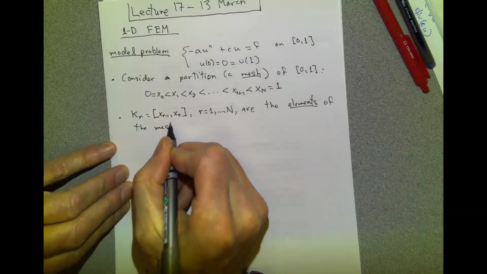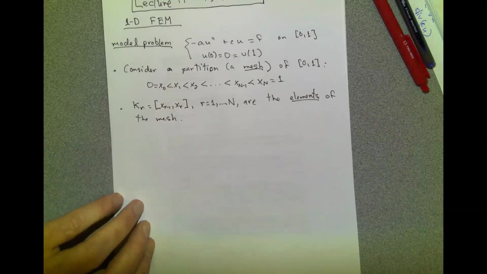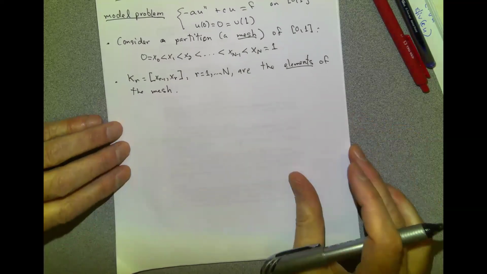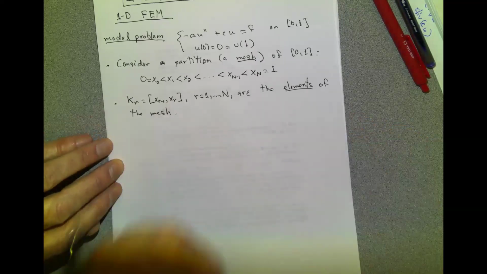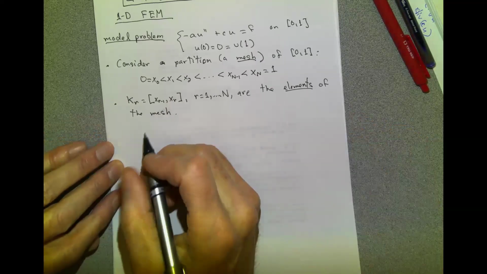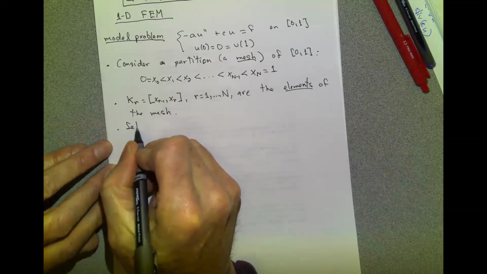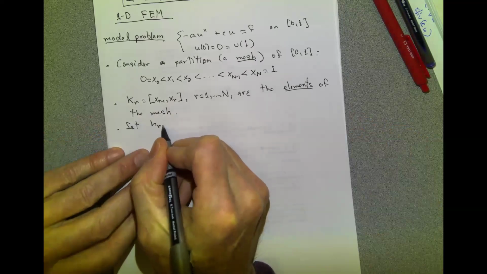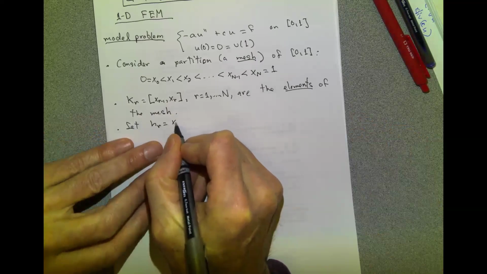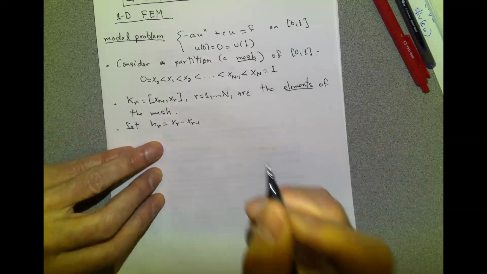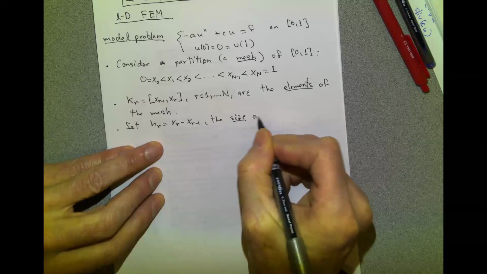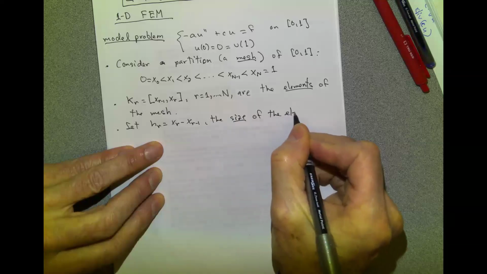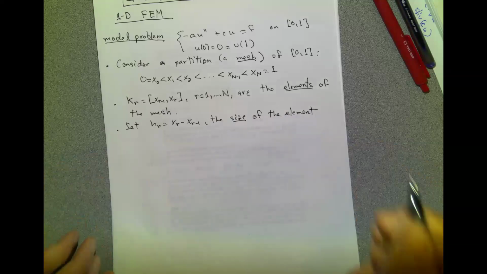So I'm defining all the notions that we need to define our numerical method. We need a parameter that is going to characterize the size of the element. So set h_r equal to x_r minus x_{r-1}, the size of the element. And we do this for every element.